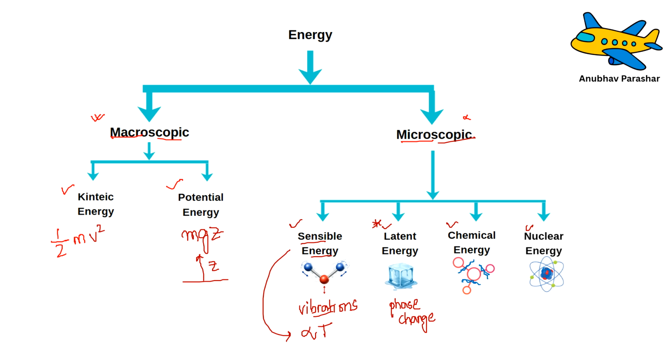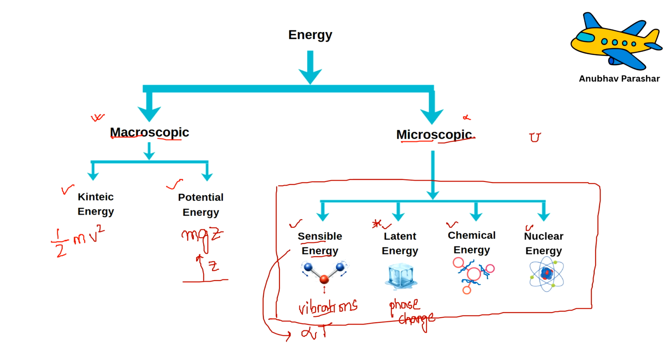Right? Now, let me tell you, in thermodynamics, you hear the term internal energy. We represent it by U. We're going to see it in some time. The microscopic energy is the internal energy of the thermodynamic system.